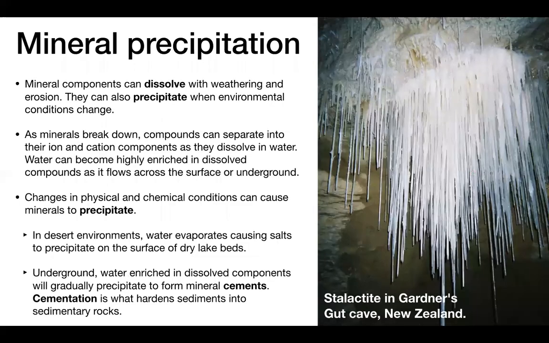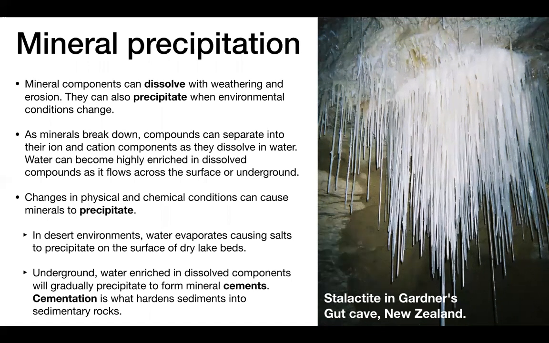Solutions consist of ions or molecules known as solutes, dissolved in a medium or solvent. In nature, this solvent is usually water. Many minerals can be dissolved in water, such as halite or table salt, which has the composition sodium chloride, NaCl.